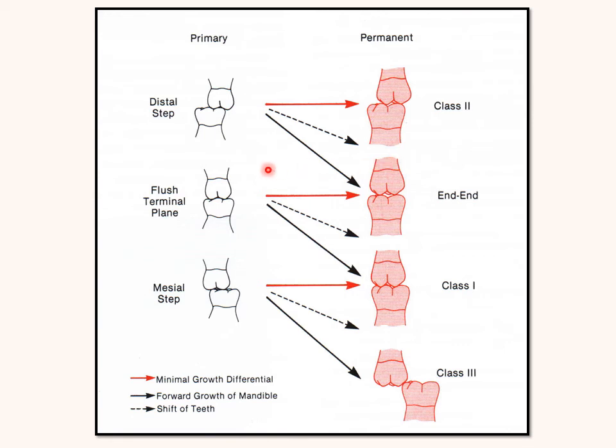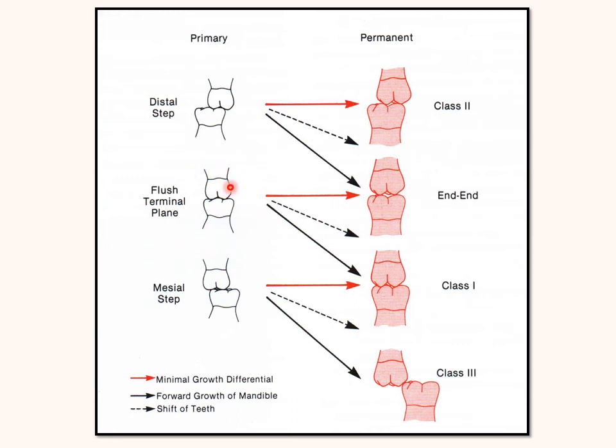If there is forward growth of the mandible, again it will cause end to end. Distal step with forward growth of the maxillary jaw only will cause a class 2 molar relationship. If there is minimum growth of the jaws, then class 2. If forward growth of the mandible occurs, then it is end to end, or if the shift occurs, it also causes end to end.